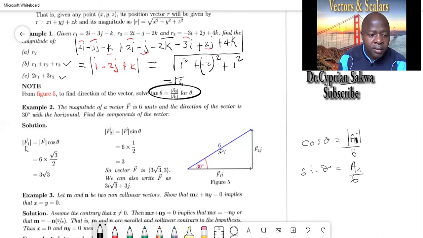I say that the x component will be 6 times cos 30, and cos 30 is this.